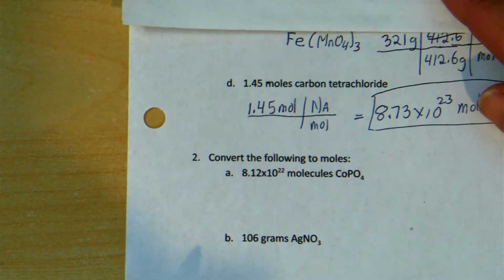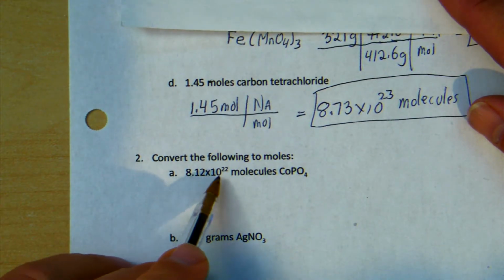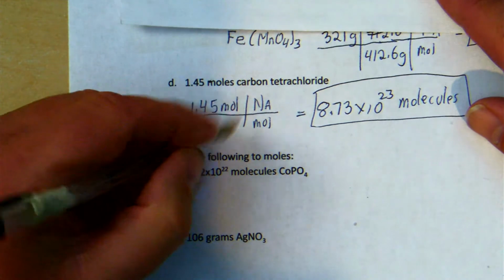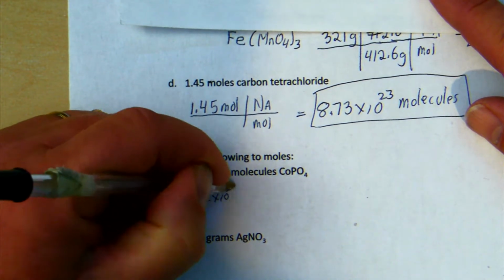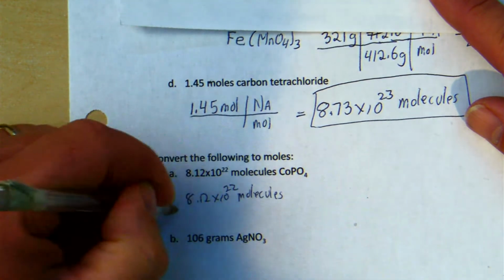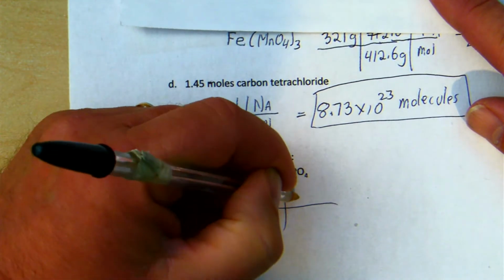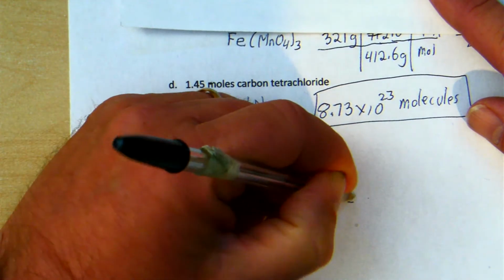Number 2, convert the following to moles. I have 8.12 times 10 to the 22nd molecules. Well, so 8.12 times 10 to the 22nd power molecules times 1 mole per Avogadro's number.